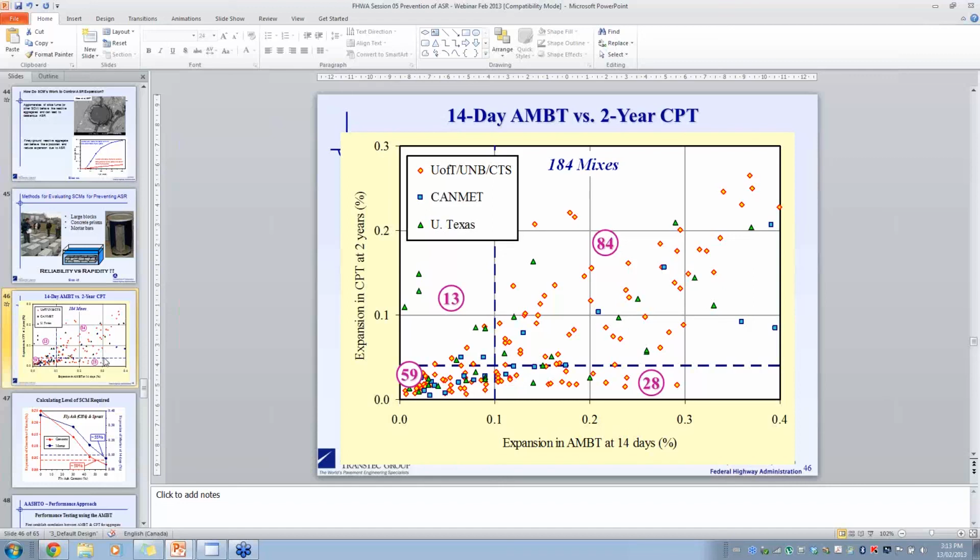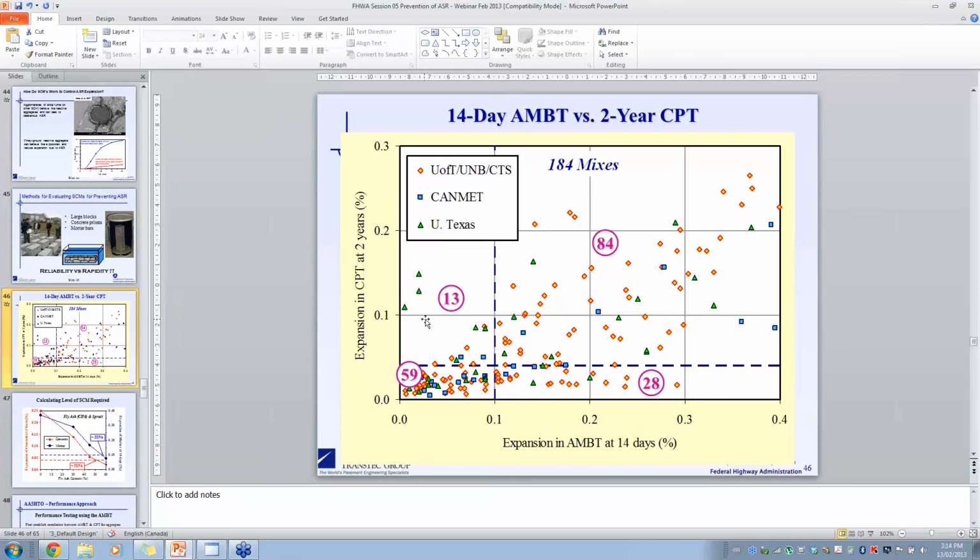Okay, I'm not sure. Let me try to answer that question. If you were to test these aggregates, these ones that fail in the concrete prism test but pass the mortar bar test, these aggregates can still be controlled. If you tested them in 1567, they would still pass the accelerated mortar bar test. I'm not quite sure I understand the question. You could still reduce the expansion in the concrete prism test with these aggregates.